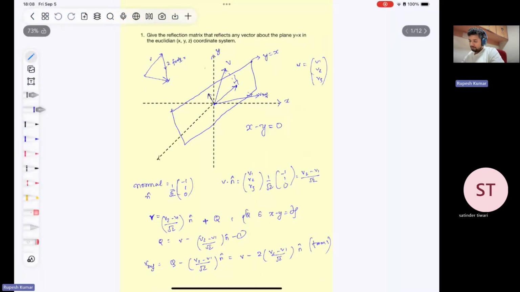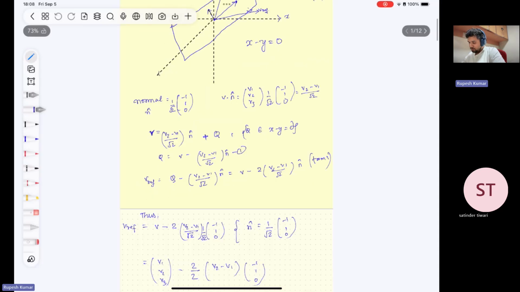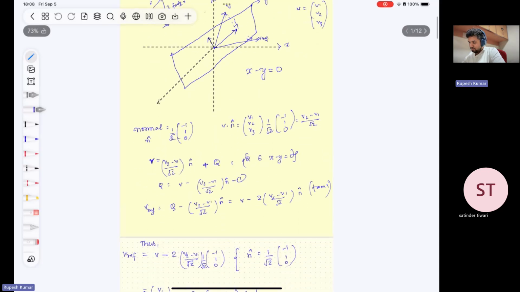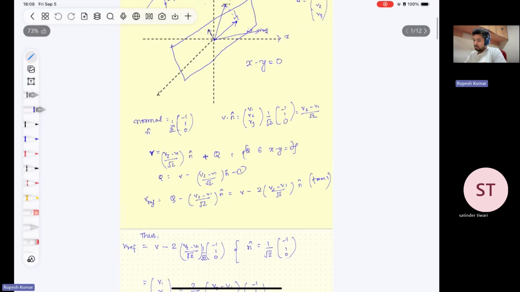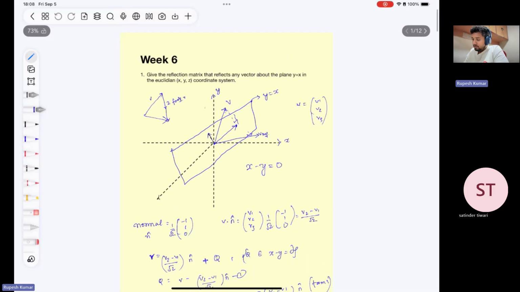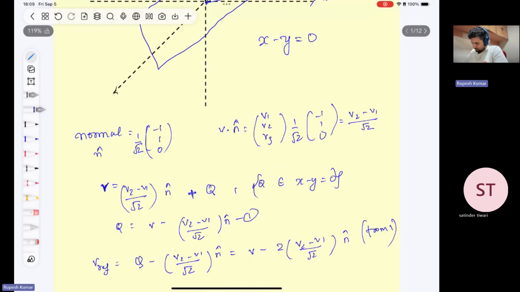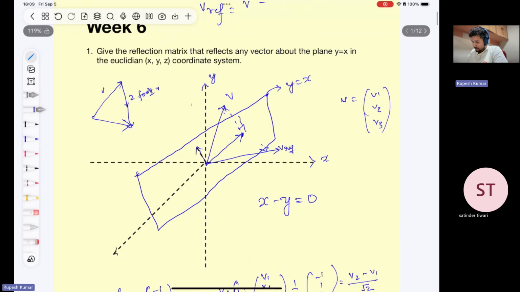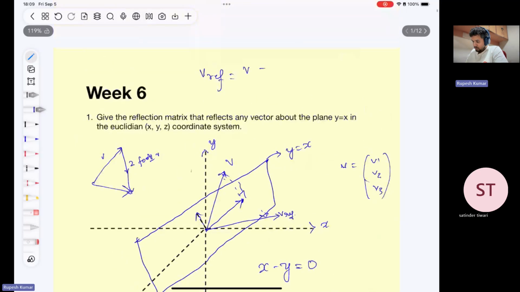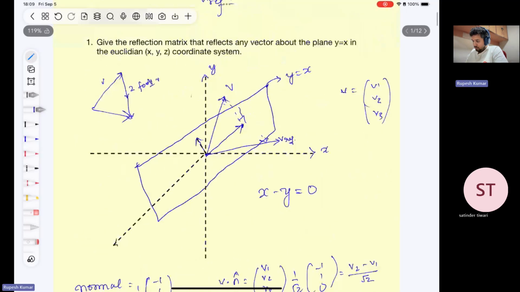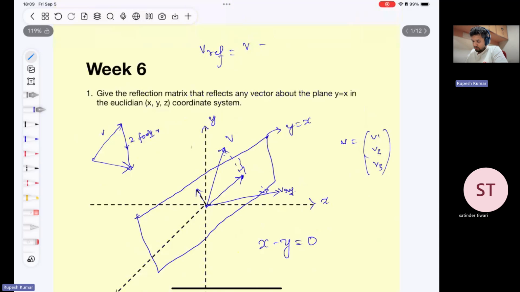Given the reflection matrix that reflects any vectors about the plane y equals x in the Euclidean xyz coordinate system, right? So the formulation that we wrote for a reflection matrix is: the reflected vector can be computed from the original vector v.